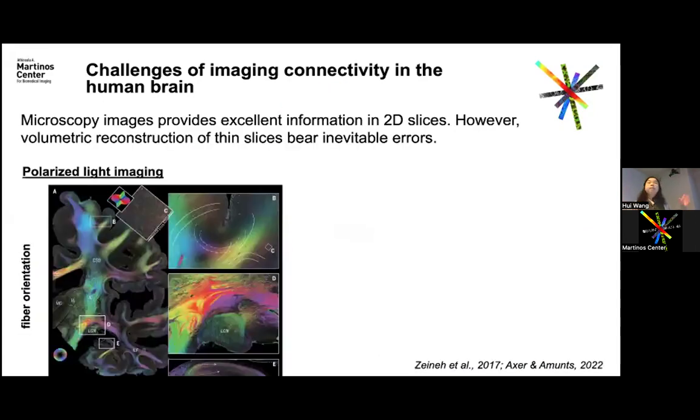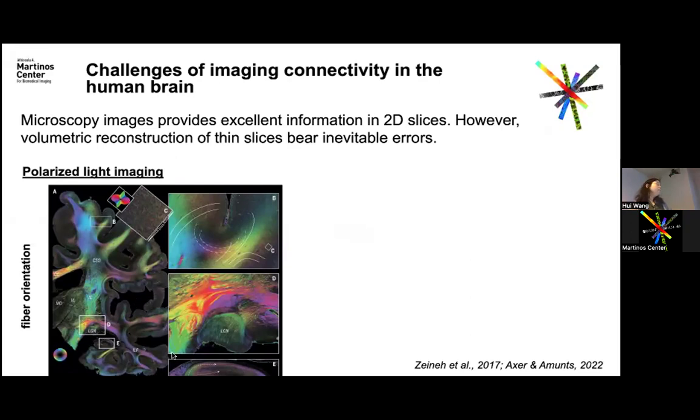In the middle, there are optical imaging techniques that have microscopic level resolution and can image the fiber tracts directly. One of them is called polarized light imaging. That's a label-free imaging technique that can image the fiber orientations using an intrinsic optical property called birefringence.